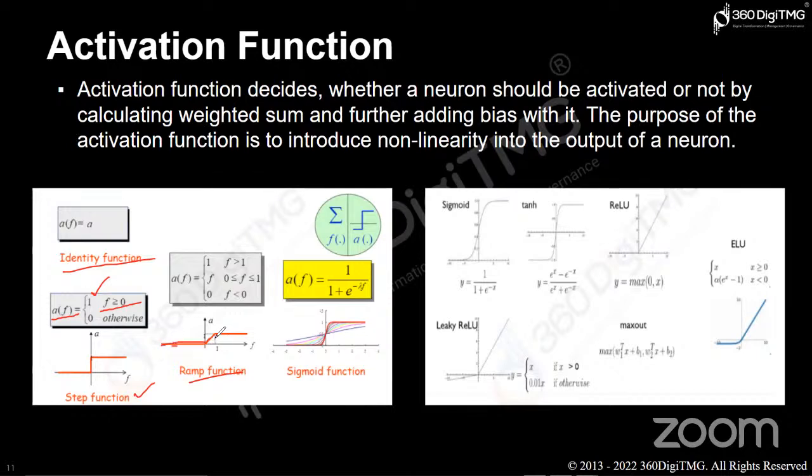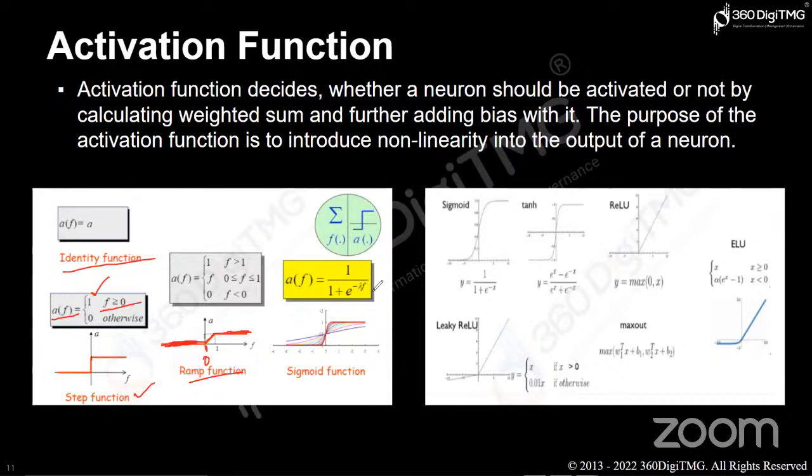It is 0 when it is less than 0, from 0 to 1 it gives the value f, and after that it gives a constant value of 1.